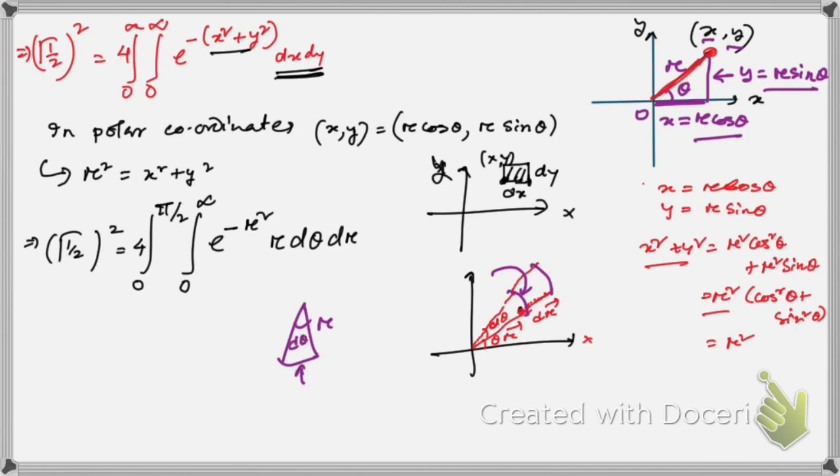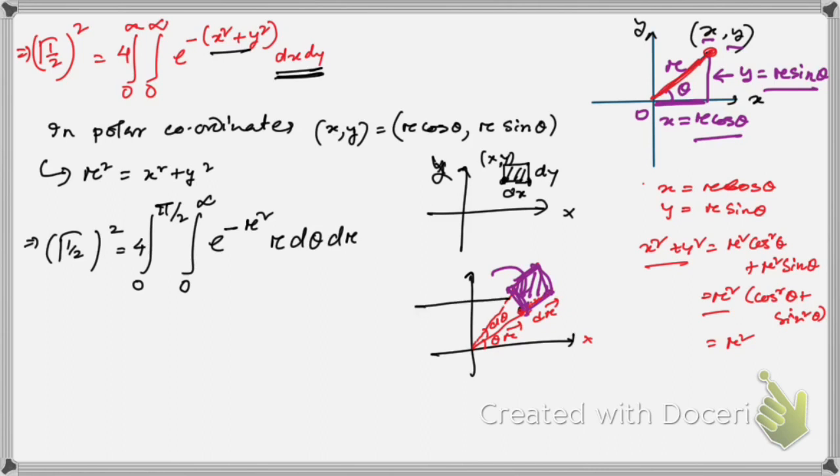Then this length will be given by r d theta, right? For a very small displacement we can assume this part as a rectangle.